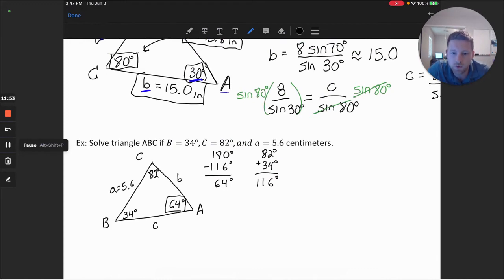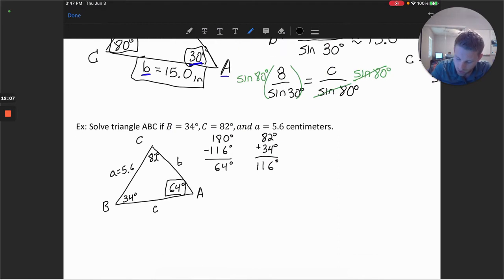And now we'll walk through solving for side length B and side length C. Excuse me. So we'll start with side length B. So we'll start out with the ratio of side length A. That's 5.6 divided by the sine of 64.